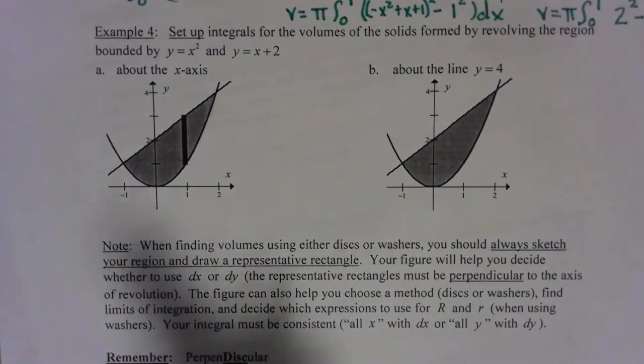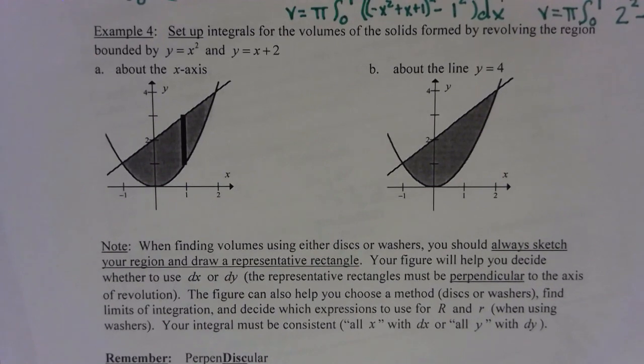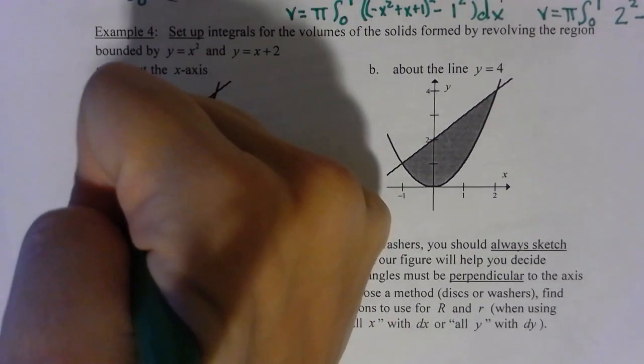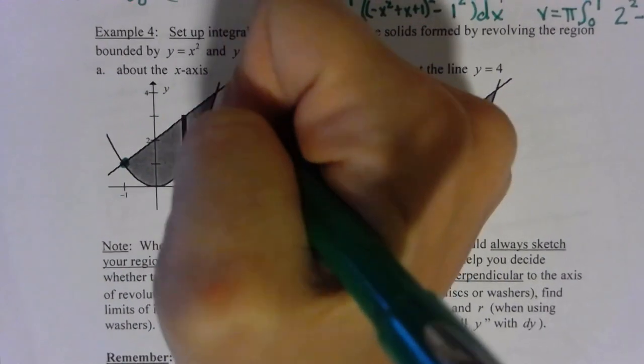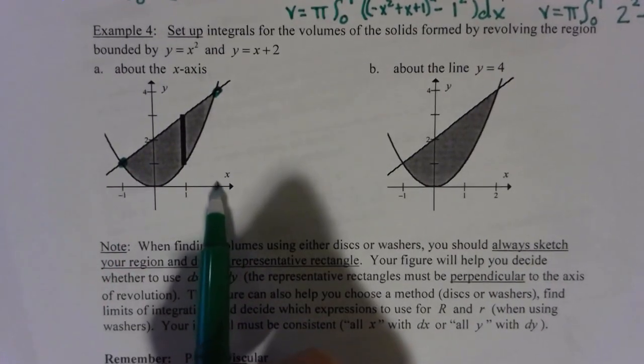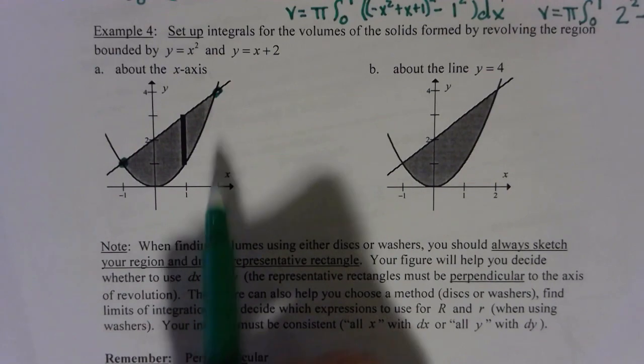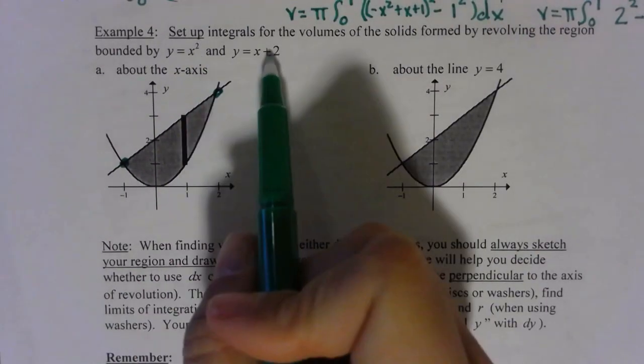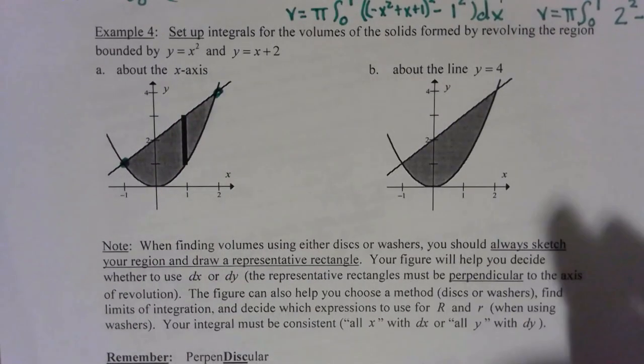Okay, so we have a bunch of washers that we need to sum up. So first thing you would need to do is find the boundaries. Now, of course, this is a graph, so it's nice that we have our x values from -1 to 2. Again, if we had to do this algebraically, we would just set them equal to each other and solve.